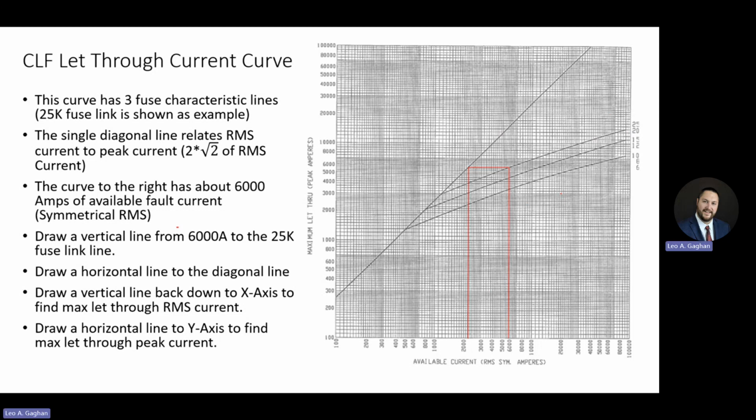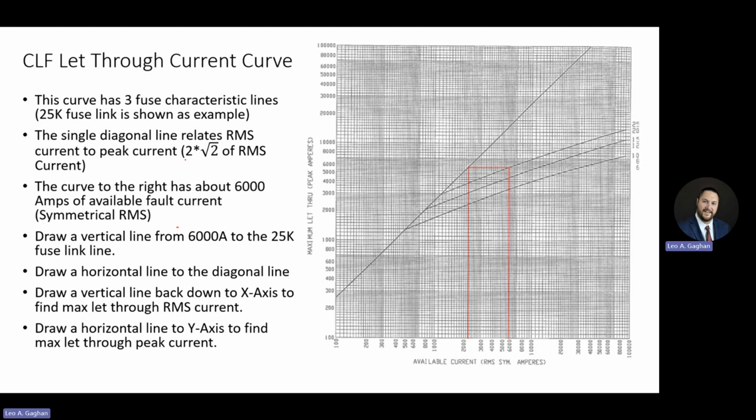And then if you wanted to know how much current the fuse is going to let through, you can either draw that line back down and it'll give you the let through current as an RMS value, or you can draw it to the left and see what that peak value is going to be.